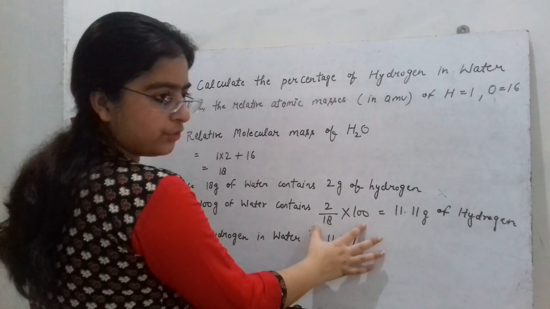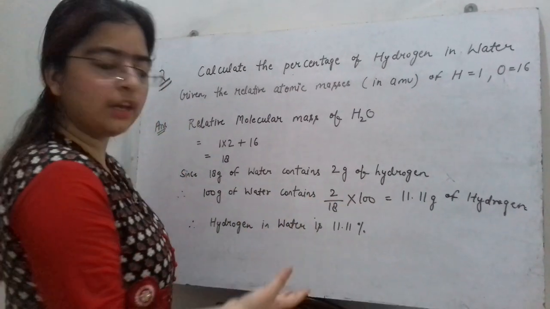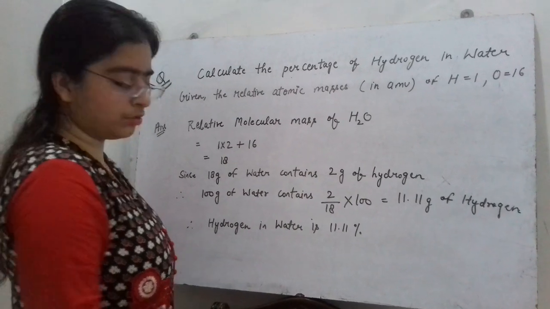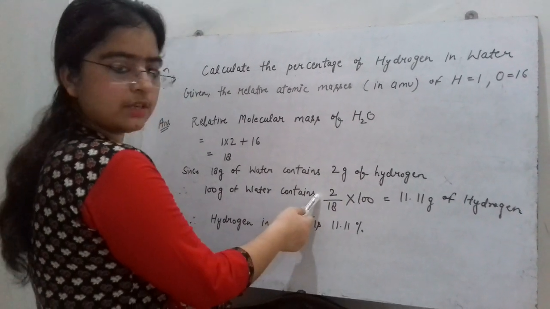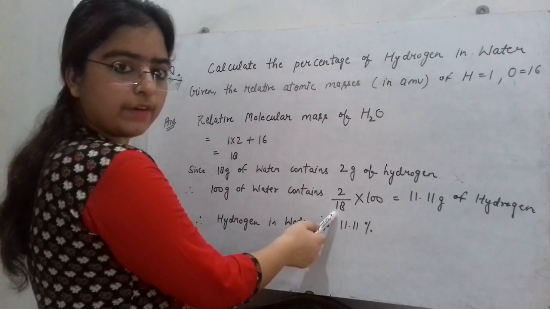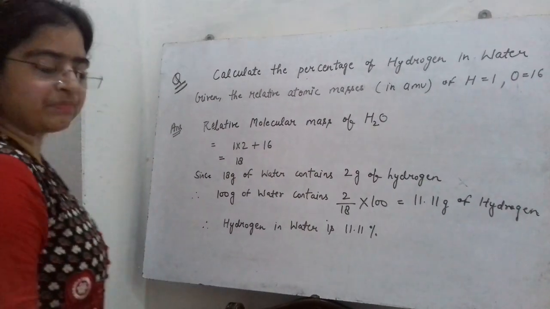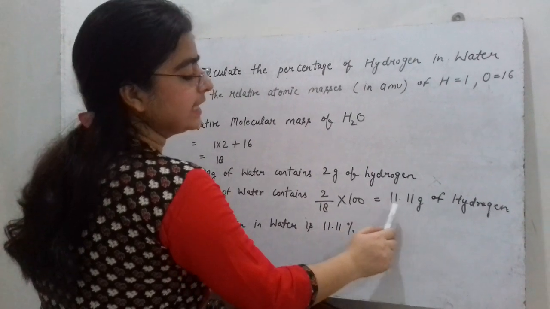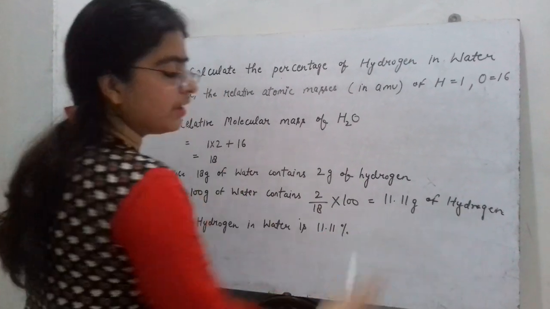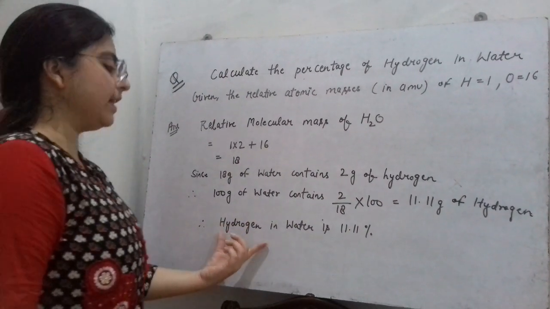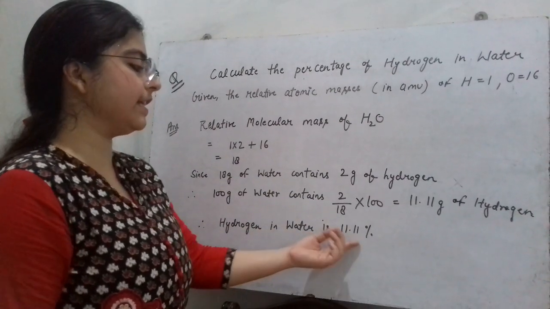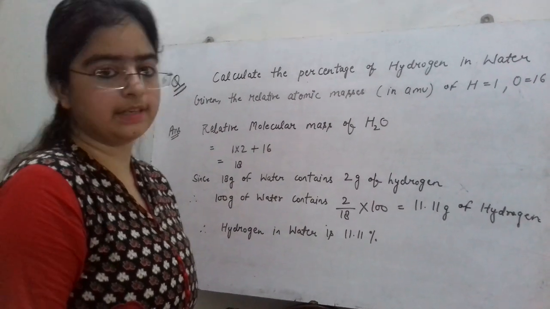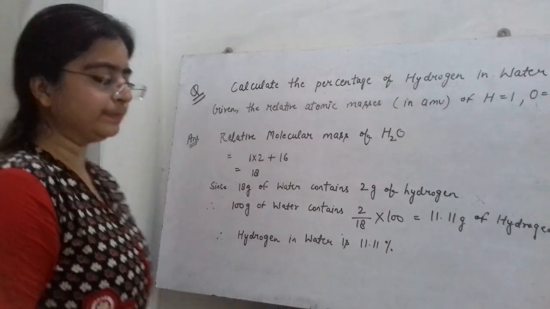The formula which I have told you, you can apply either directly or you can do it in this way also: total weight of hydrogen upon gram molecular weight of water into 100. So 100 gram of water contains 2 upon 18 into 100, that is 11.11 gram of hydrogen. So finally we can say that hydrogen in water is 11.11% by weight.